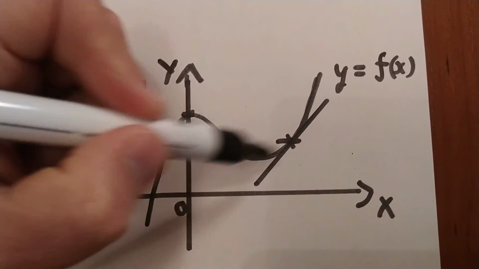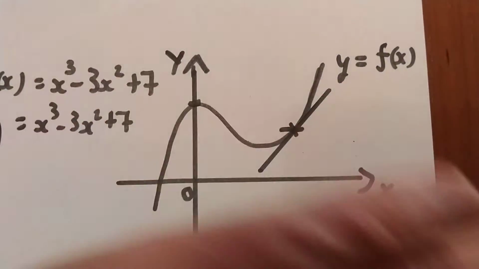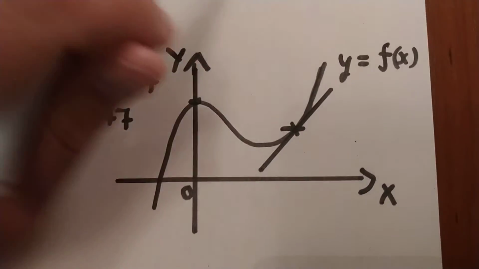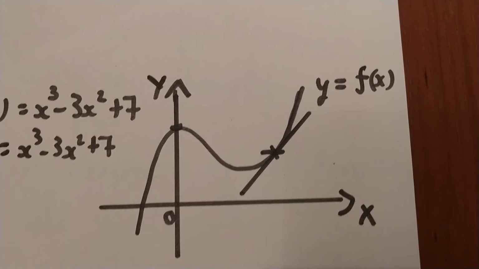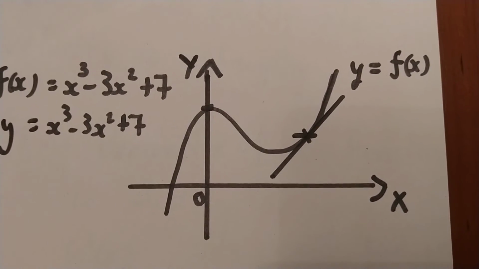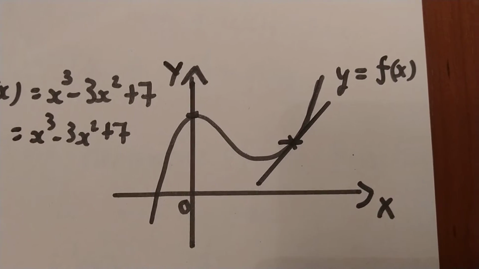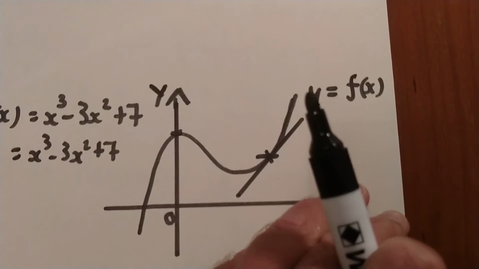The area between the curve and the x-axis, or if I was thinking in 3 dimensions, the volume between a curved surface and a horizontal surface underneath. Very, very powerful. And as I say, used in all sorts of ways in the modern world. How's this done? Well, that's what we use differentiation for.